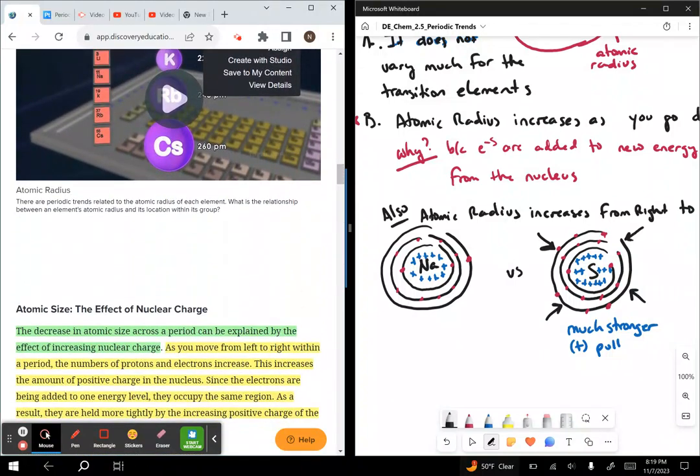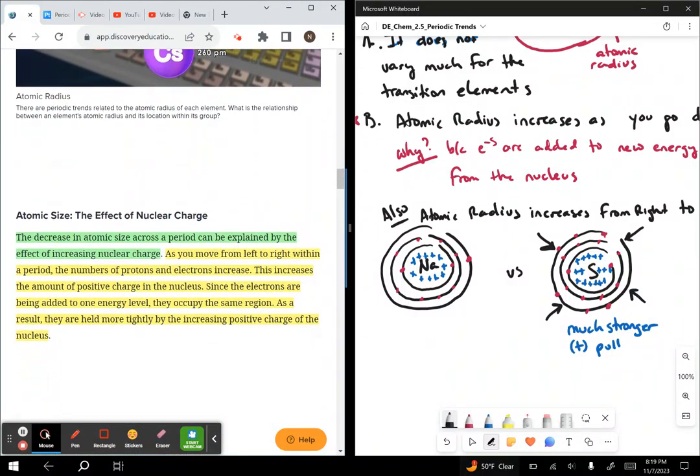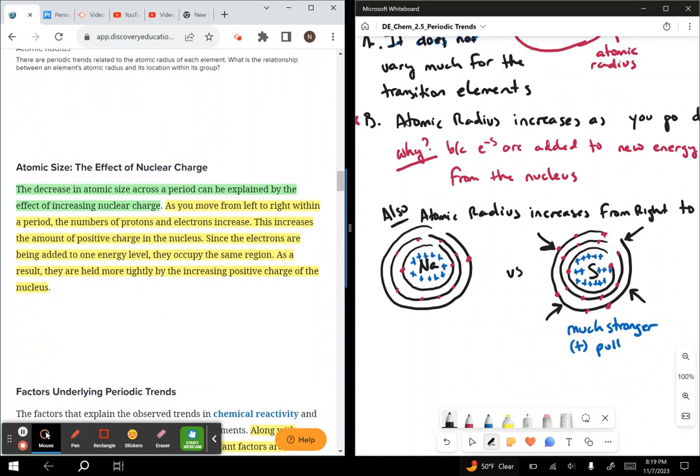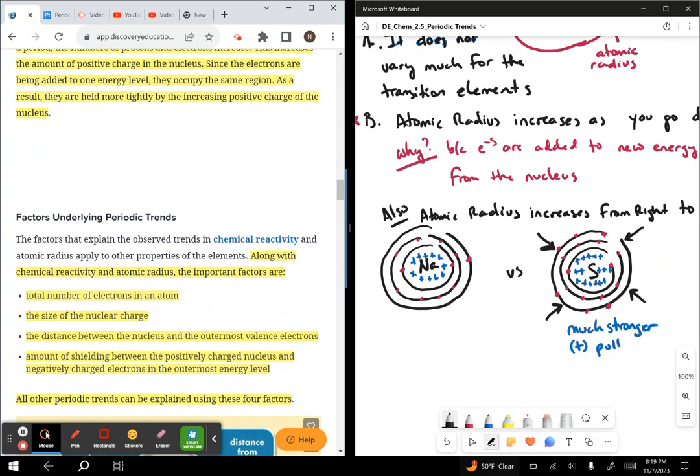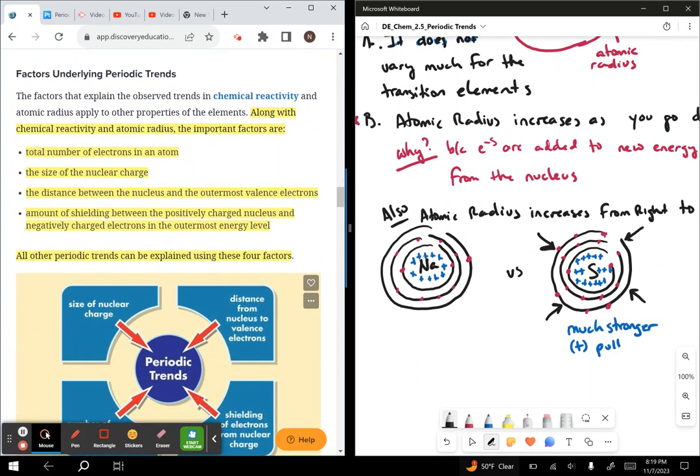Let's jump down to atomic size. As you move left to right, this increase in nuclear positive charge. Okay, we just talked about that. All right, so let's go down to the next part here. Factors underlying periodic trends.